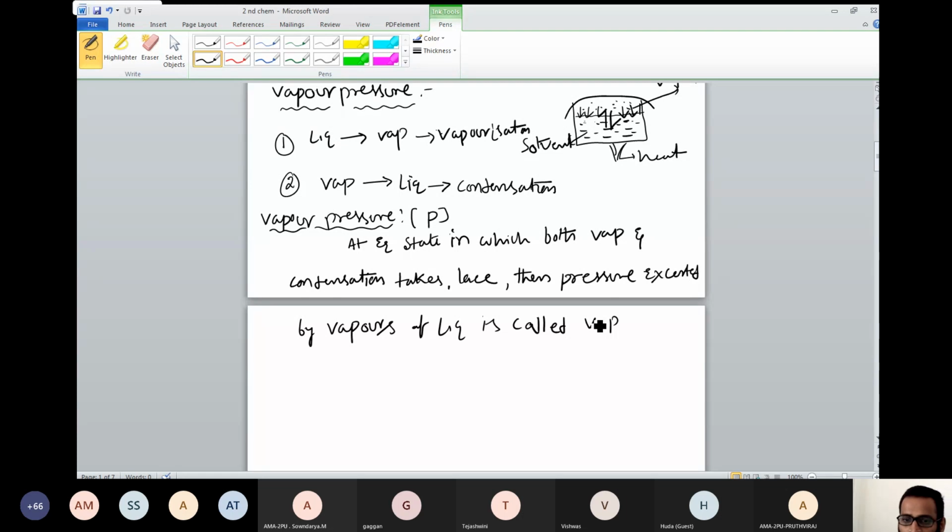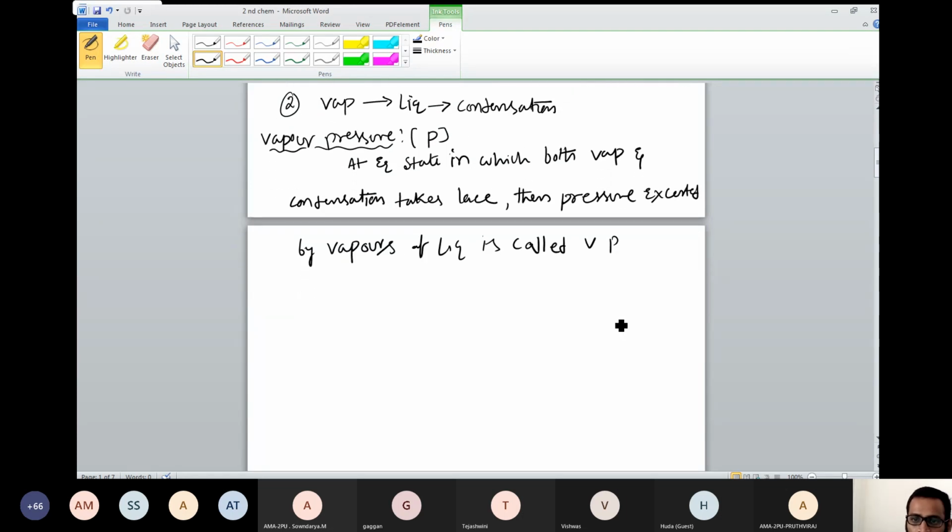Vp means vapor pressure. So what is vapor pressure? At equilibrium state, in which both vaporization and condensation take place simultaneously, then pressure exerted by vapors of liquid is called vapor pressure. Understood everyone?